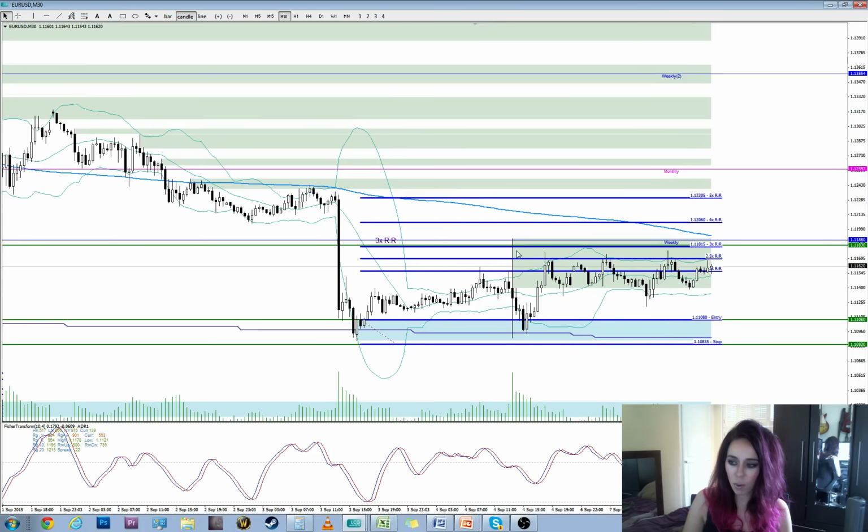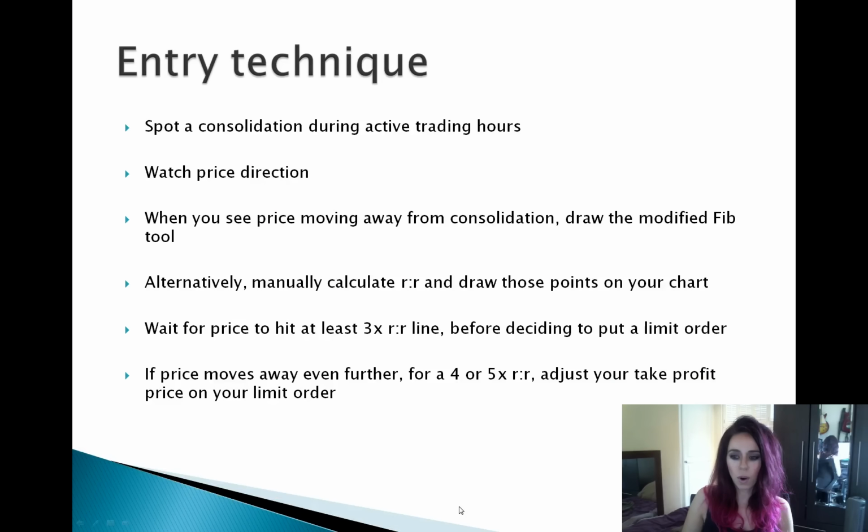As soon as the price hits 3-to-1 risk reward, for me, that's the first clue that I need to place an order at the conterminus point. Now, if the price keeps moving away to give an even bigger risk reward, I will go back to the limit order and modify it to reflect a bigger take profit price.